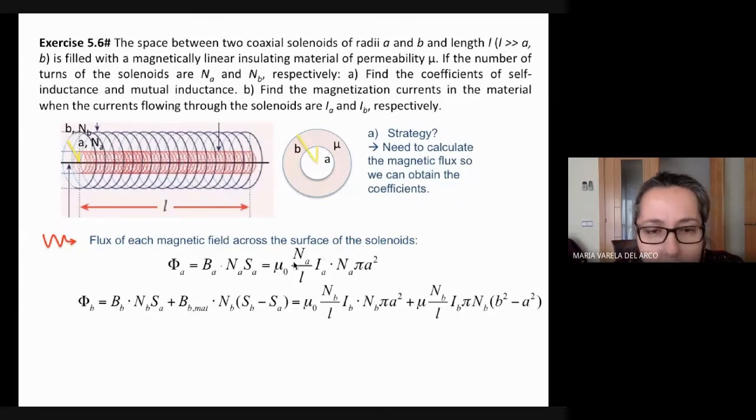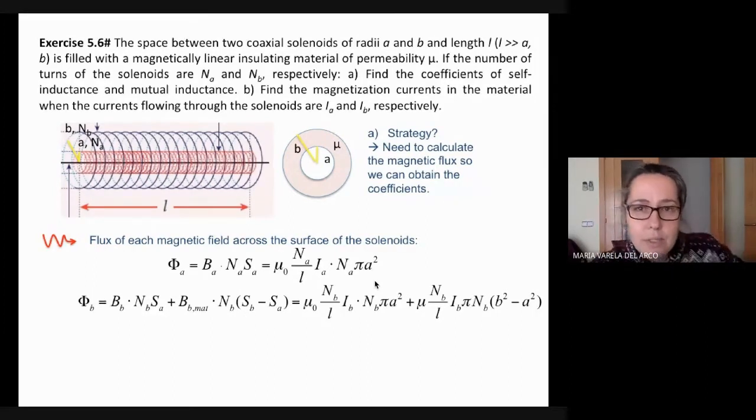So this is going to be mu naught, because this solenoid is empty, N over L, we will use NA here, obviously, times IA. This is the magnetic field in A when there is an intensity IA going through it, times the number of turns and the surface, pi A squared, the radius squared. So this is the flux going across solenoid A when there is an intensity IA going through it.